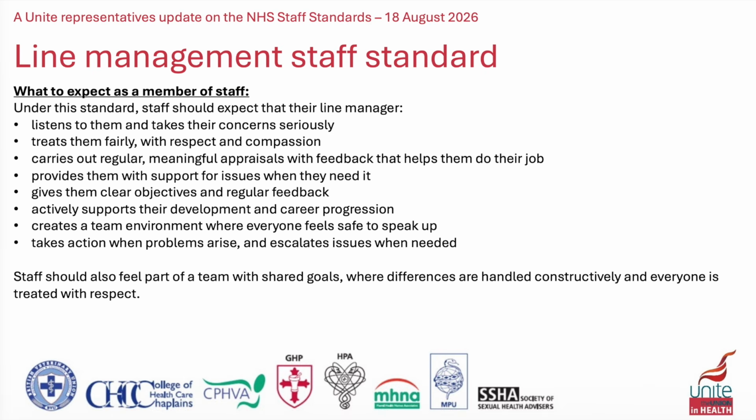So what to expect as a member of staff, and this is where we go back to how all the other staff standards are reported on. Under this standard, staff should expect that their line manager listens to them and takes their concerns seriously, treats them fairly with respect and compassion, carries out regular, meaningful appraisals with feedback that helps them do their job, provides them with support for issues when they need it, gives them clear objectives and regular feedback, actively supports their development and career progression, creates a team environment where everyone feels safe to speak up, and takes action when problems arise and escalates issues when needed.